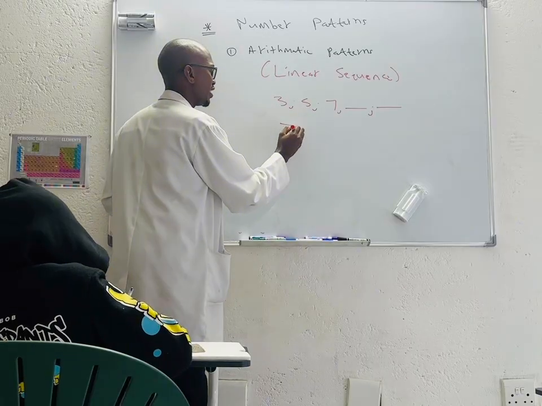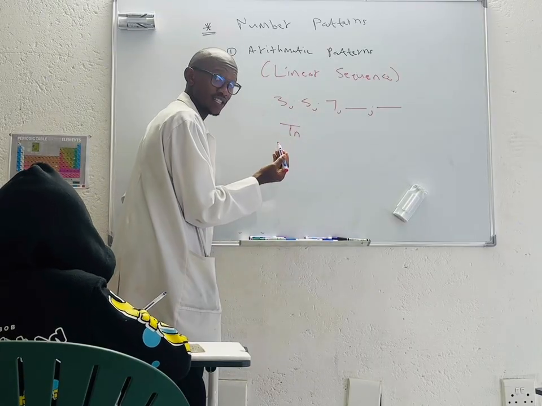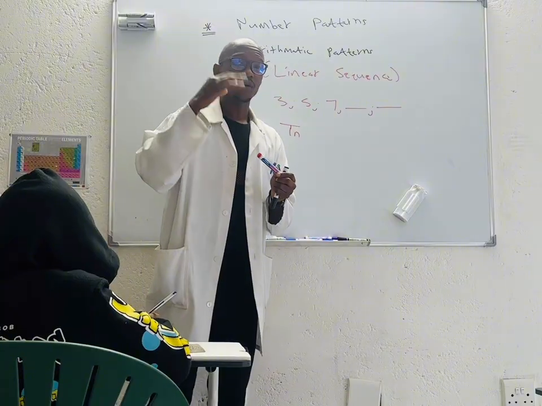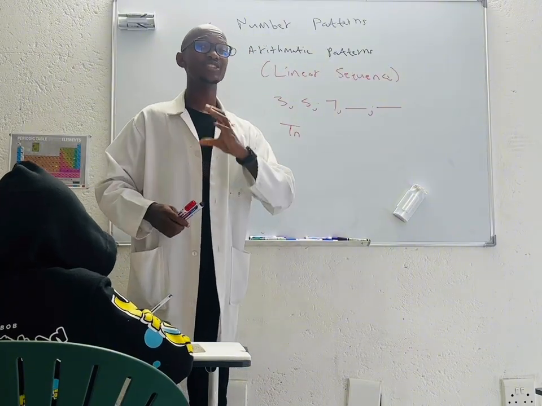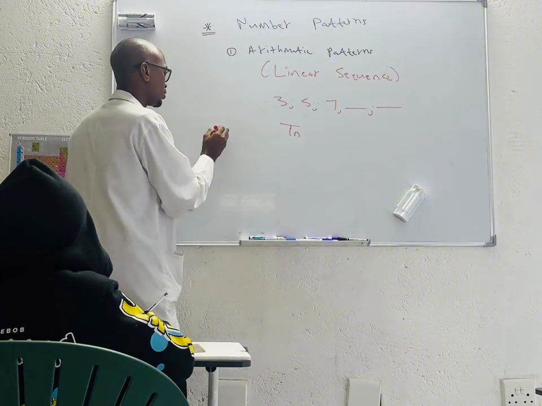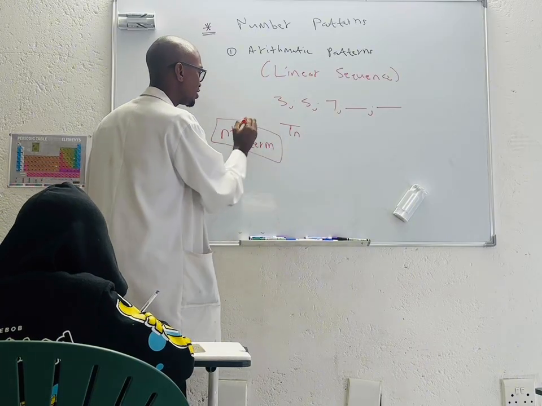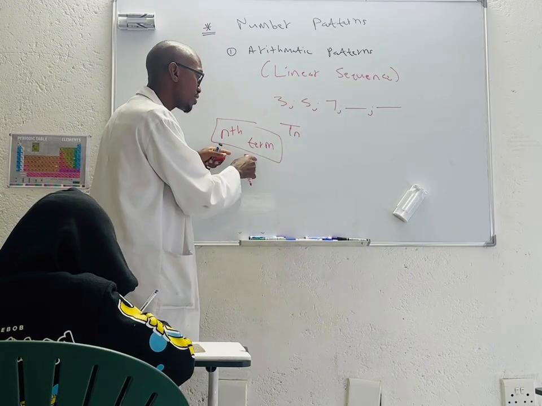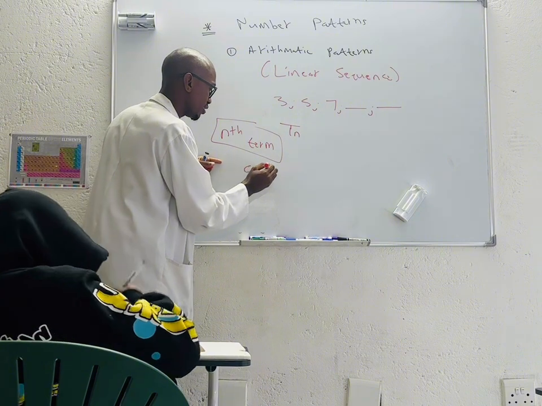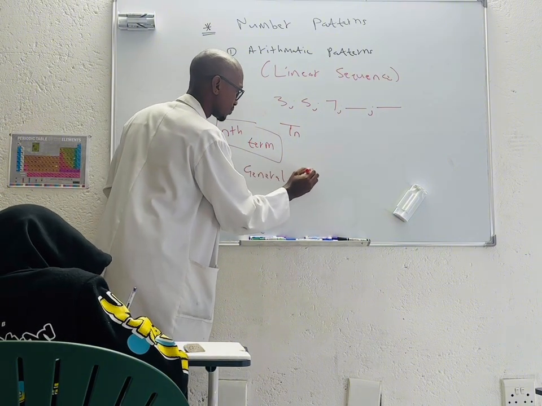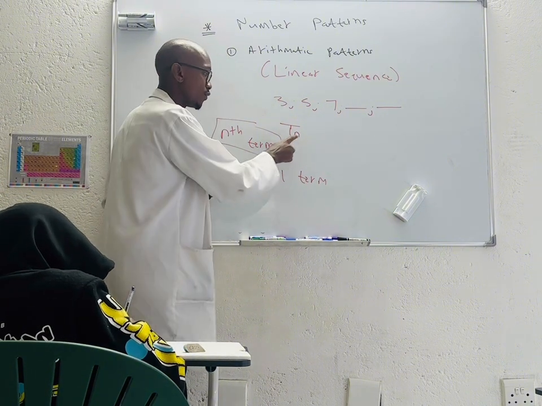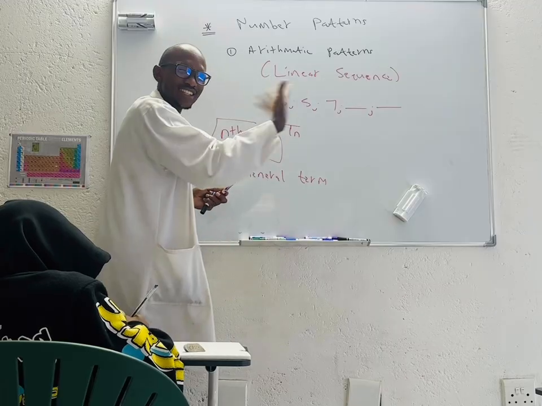The formula is given as Tn, which is the general term. In a test, if they ask you to determine the general term, some people use the word nth term. If they say determine, calculate or find the nth term or general term, you must look for the formula that can generate the sequence.